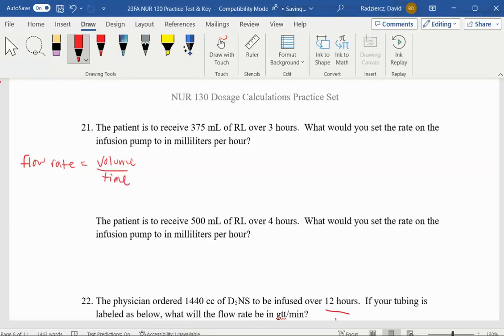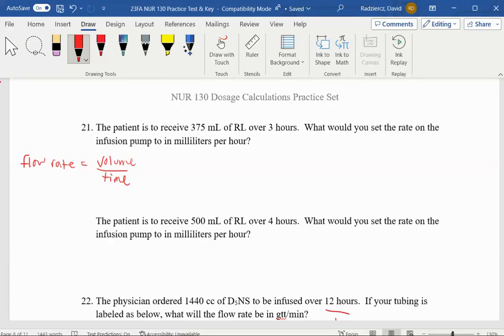And the example I always use, you probably heard me say this before if you watched any of my reviews, is that when we're talking about volume over time, or a rate, it's very similar to what you can understand when you're driving in a vehicle, miles per hour, right? So there's a distance over time for speed, how fast you are going. For how fast the flow is going, it's the volume over time.